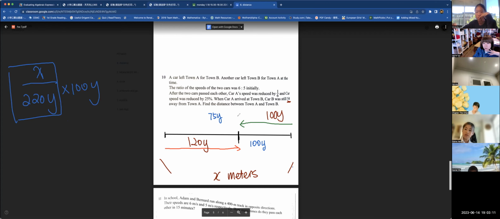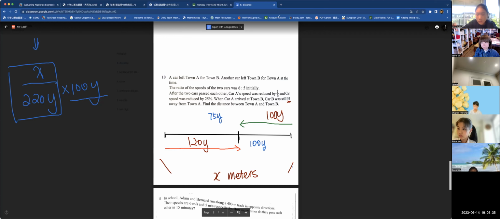The sum of the speeds is 220y, so when they meet, how many minutes do they spend? Understand, everybody? x divided by 220y. Do you understand? It's the time they spend when they meet. Okay, times 100y. So you can find out the distance of this one. Correct, everybody?